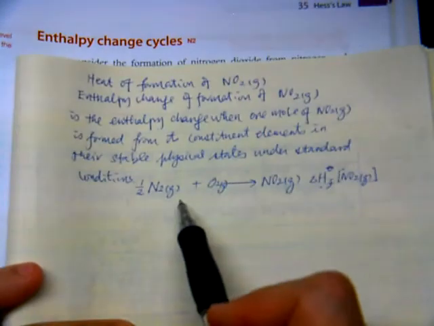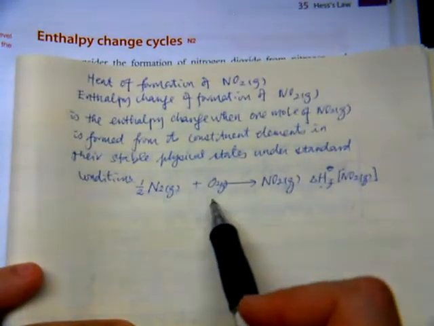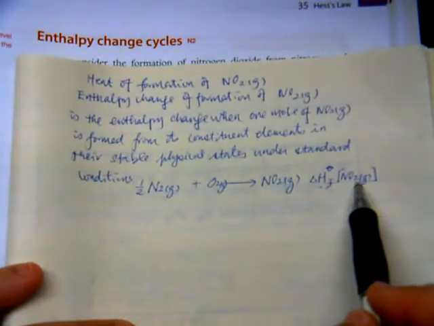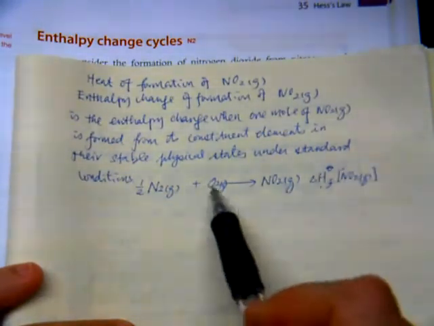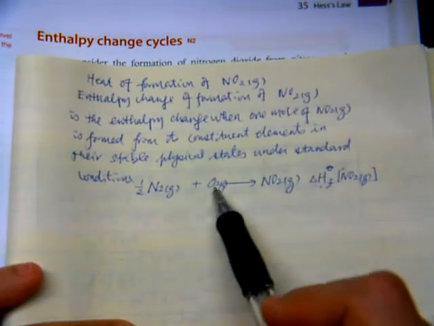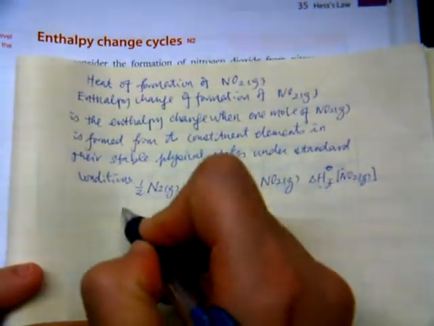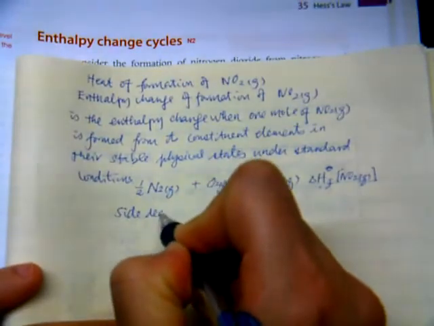Now again, direct determination of the standard enthalpy change of formation of NO2 is difficult because N2 and O2 react to form NO. That means there are side reactions.